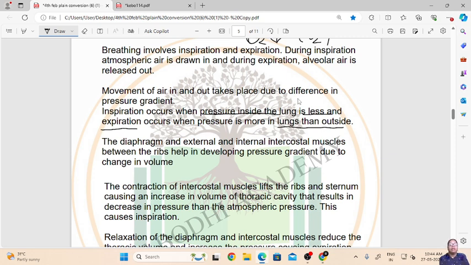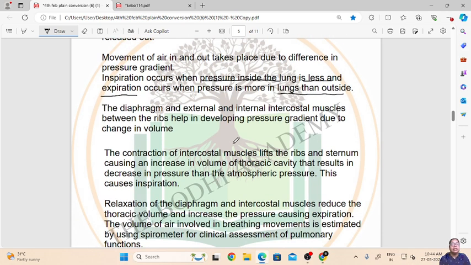Then the diaphragm and the external and internal intercostal muscles between the ribs help in developing the pressure gradient due to the change in volume. The contraction of the intercostal muscles lifts the ribs and the sternum, causing an increase in the volume of the thoracic cavity, that results in a decrease in pressure relative to the atmospheric pressure.